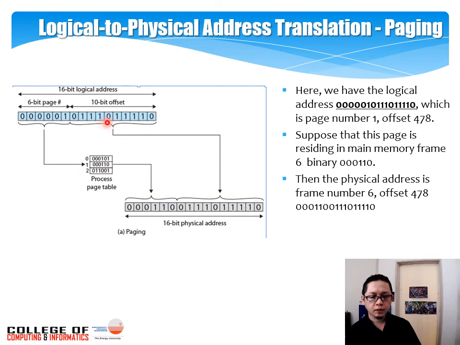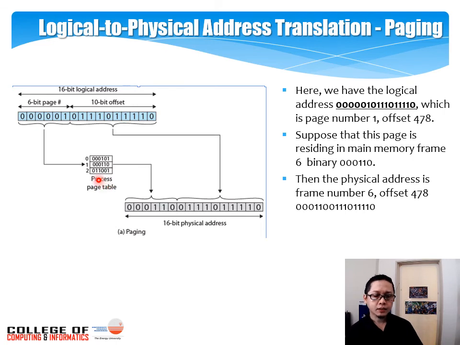From the page table, you have reference 0, reference 1, and reference 2. This information tells you that you need to refer to entry number 1. You refer to number 1, and this is the value for number 1: 0 0 0 1 1 0.